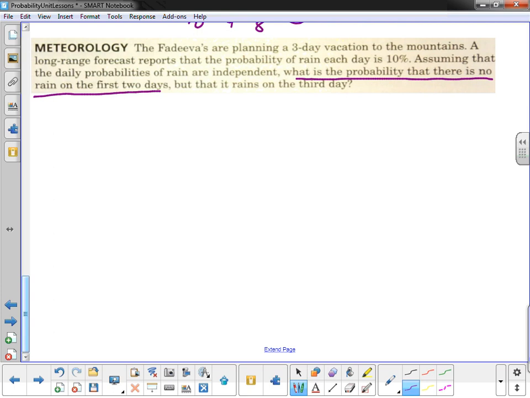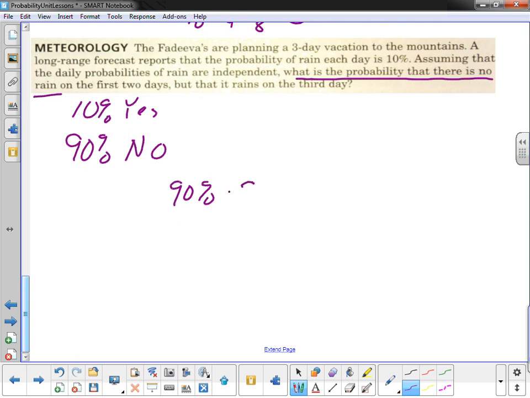The probability that there is no rain. Well, if it's a 10% chance of rain, that means there's a 90% chance of no rain. That goes back to our successes and failures. If there's a 10% chance that it will happen, there has to be a 90% chance that it won't happen. So I've got a 90% chance times a 90% chance times the 10% chance that it will happen.